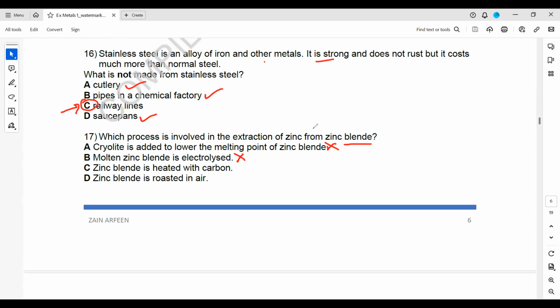First, the zinc blende, which is zinc sulfide, is roasted in air to form zinc oxide and sulfur dioxide, and then the zinc oxide is heated with coke or carbon monoxide. Why is C not correct? Because it says heated with carbon directly. It is heated with air first.